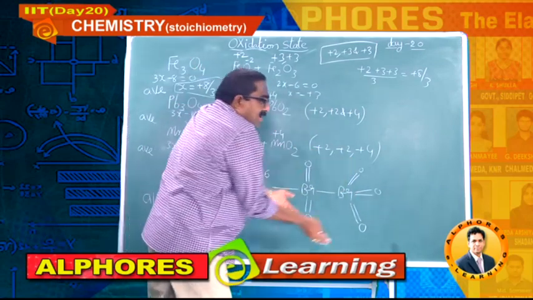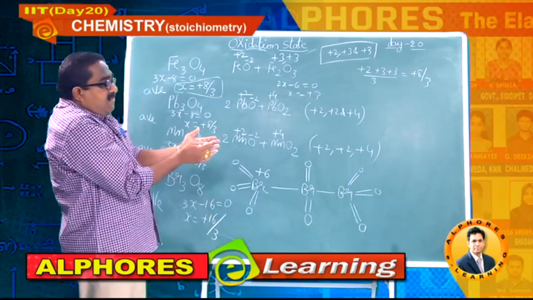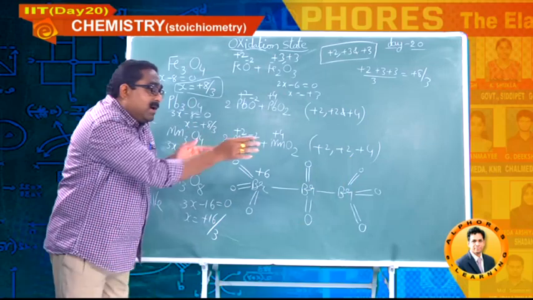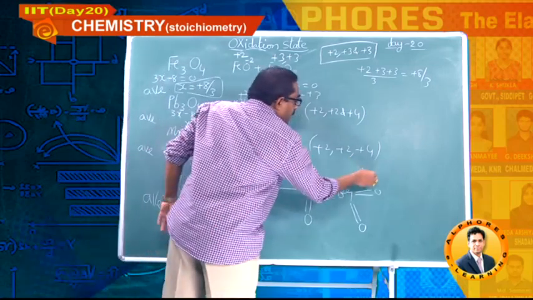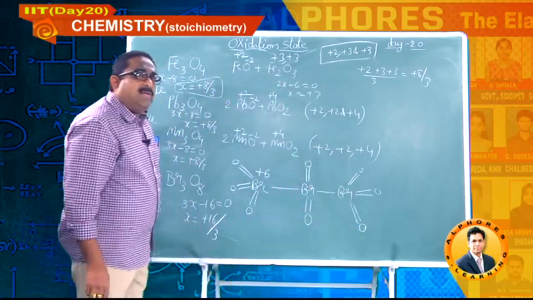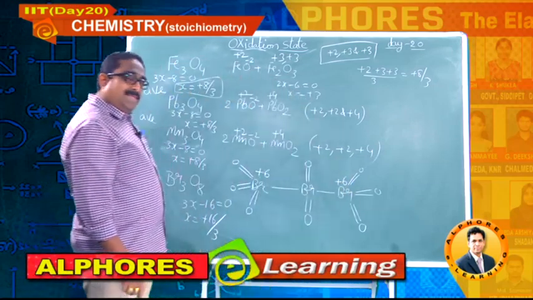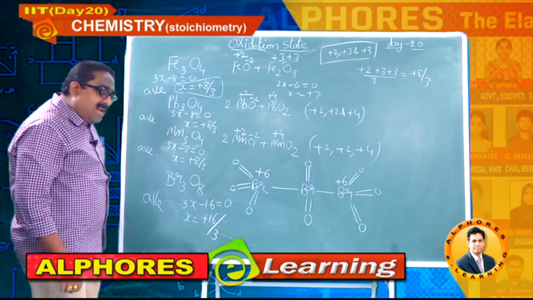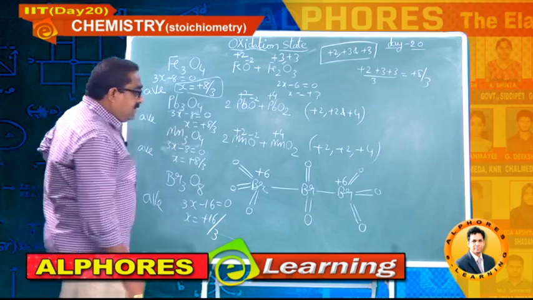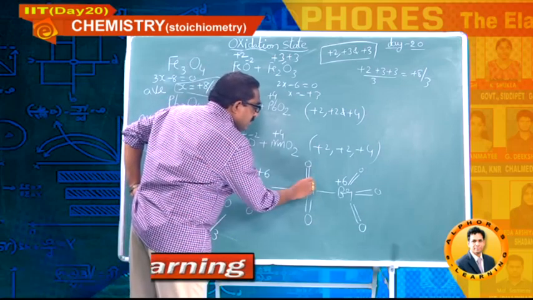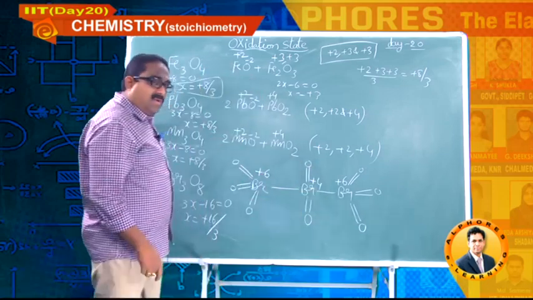So net should be equal to 0 now, because the bromine is further bonded to 3 oxygens, through normal doubly bonded oxygens. -2, -2, -6. So it should be exactly balanced with +6. Here also please apply the same, students. 2 more oxygens, -2, -2, total -4. So it should be balanced with +4.